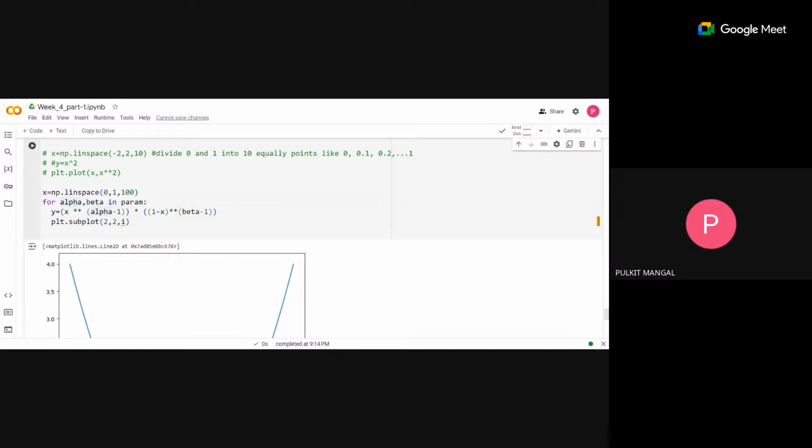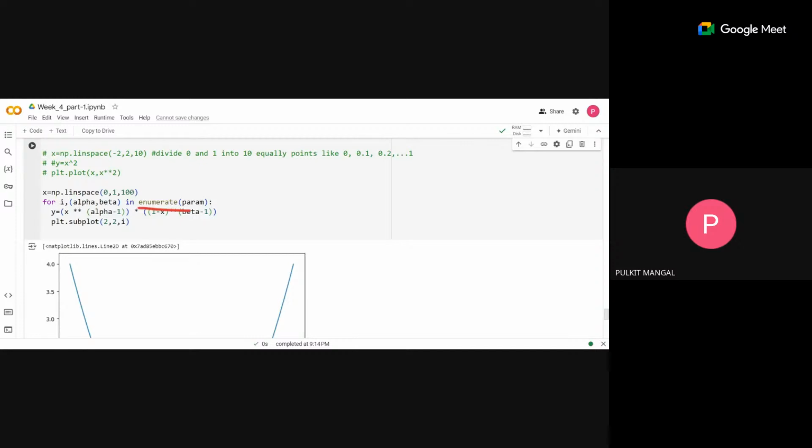So what I will do is: for i, (alpha, beta) in enumerate. This enumerate will basically give the indexing, and that indexing is captured in i. Then alpha, beta will take the tuple values.